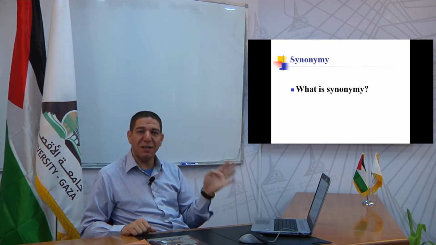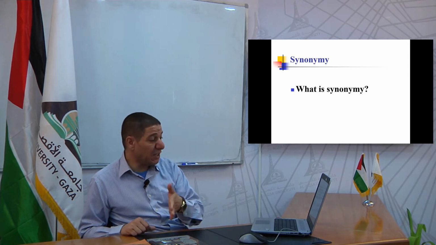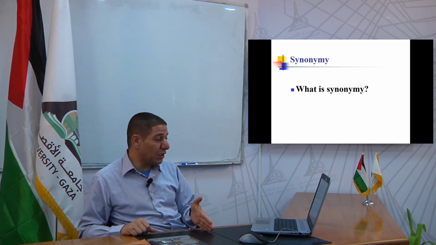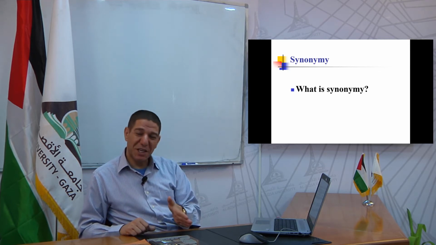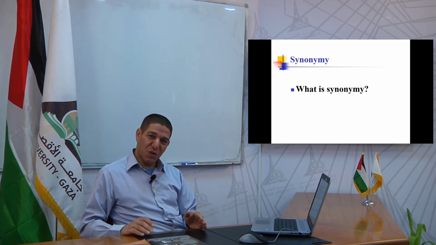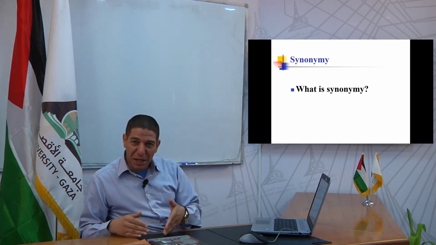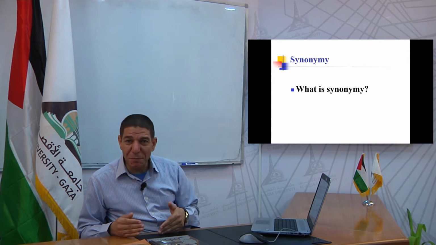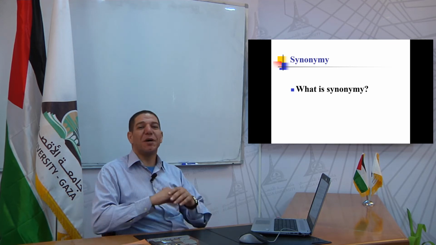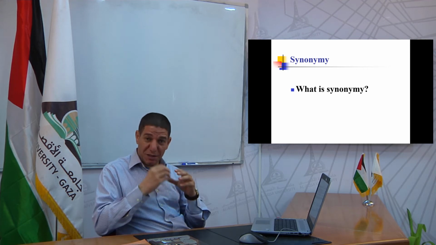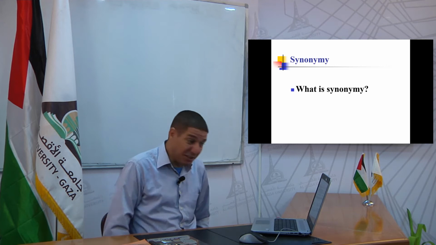Wherever you see syn, it means same. Wherever you see onomy or nimi, it means name. Okay, so syn, same, name: same name. Or if you want to put it in a more general word, you say same word.